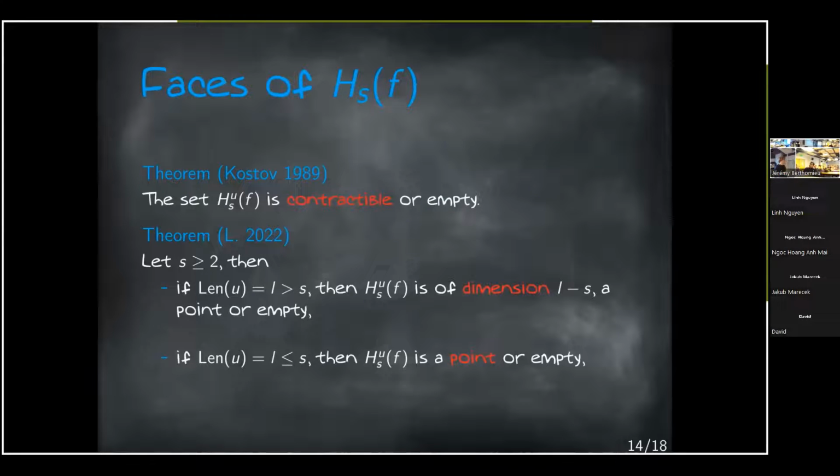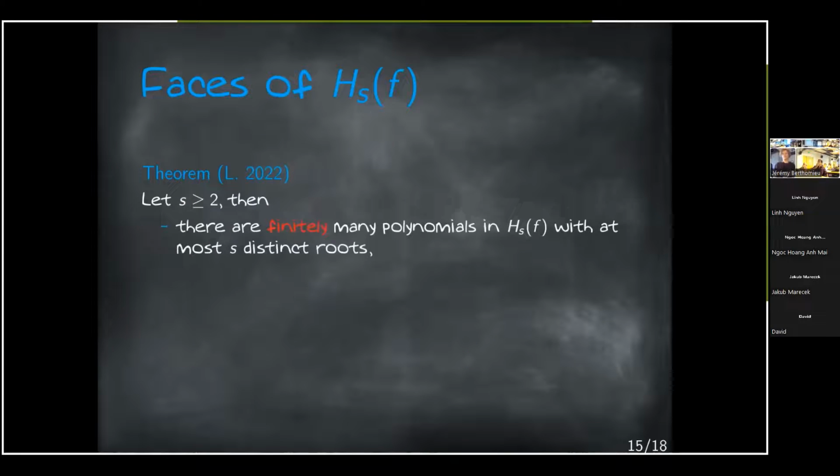So in particular, extremal points have at most S distinct roots. If we take all the compositions of length S, these are finite, and each face contains at most one point. So finitely many polynomials with at most S distinct roots, finitely many extremal points.